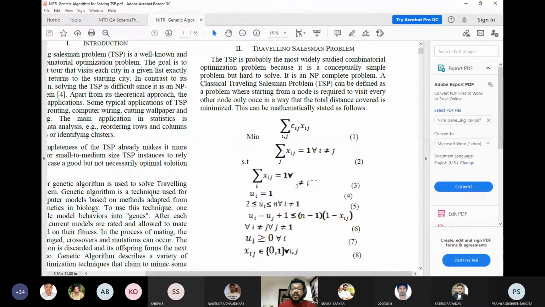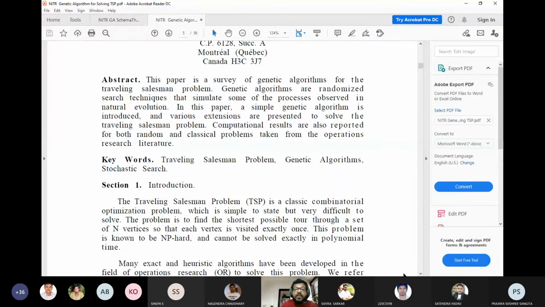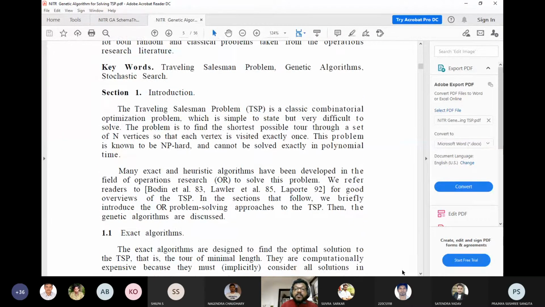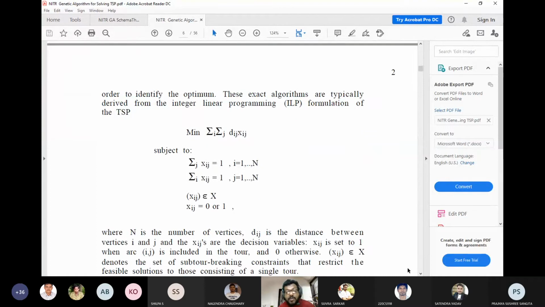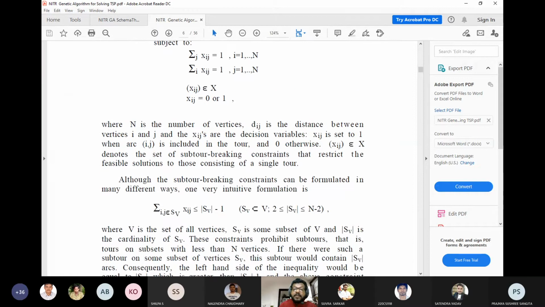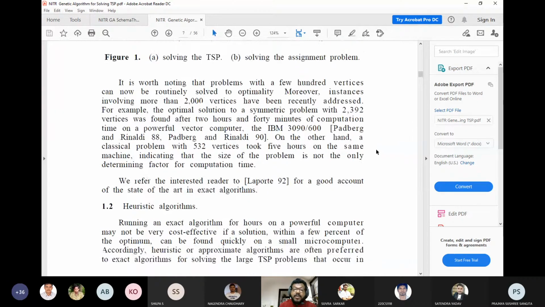This is the information available, and this will give you an idea of how people are simulating. The second one is also a good paper, good enough to describe various properties of genetic algorithm, theoretically good. This is a very simple ILP formulation of the traveling salesperson problem. Maybe some constants are not mentioned explicitly. These papers all discuss how we are going to code and what types of crossover and mutation are being used.